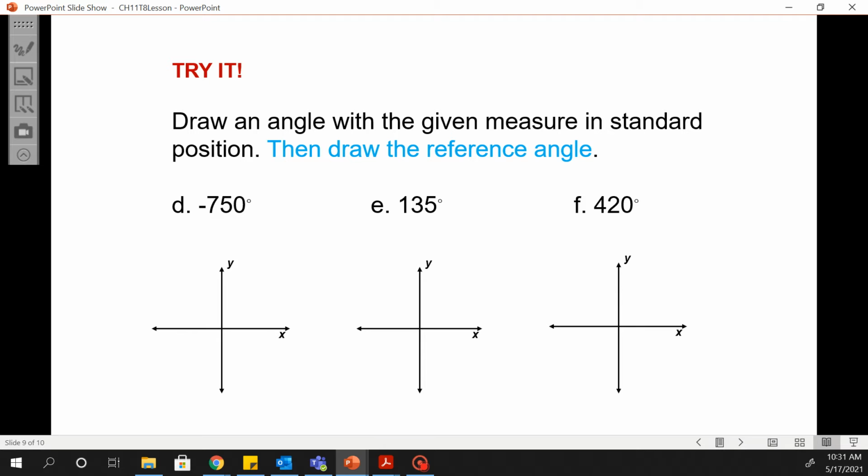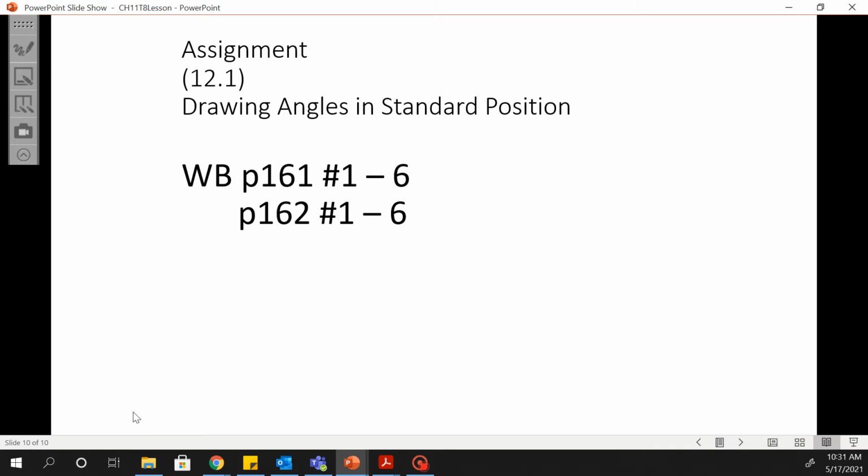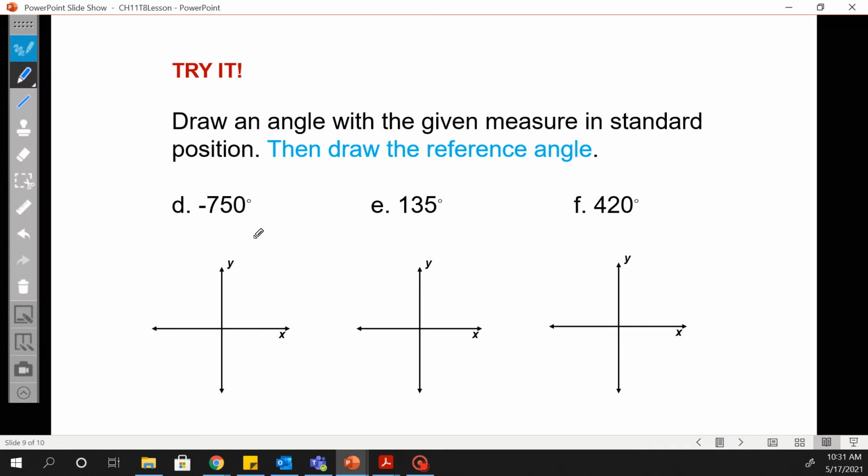Draw an angle with the given measure in standard position, then draw the reference angle. Negative 750. Okay, so negative 750 is going to go around a couple of times, because negative 360 would be around once, and negative 720 would be around twice.